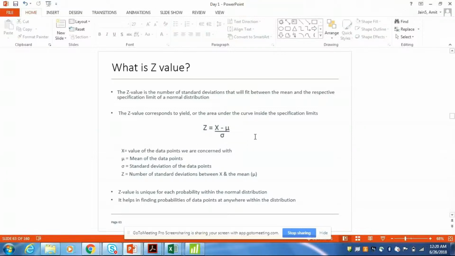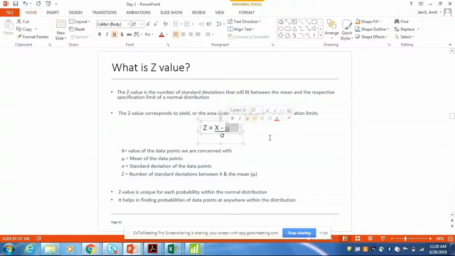Right. So are you able to follow the concept? If this X is the specification limit and mu is the average, remember, initially we talked about that if you're able to fit 6 standard deviations between the mean and the nearest specification limit, your process is working at a 6 sigma level.